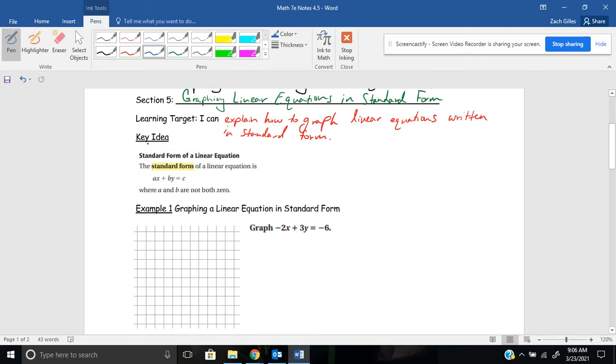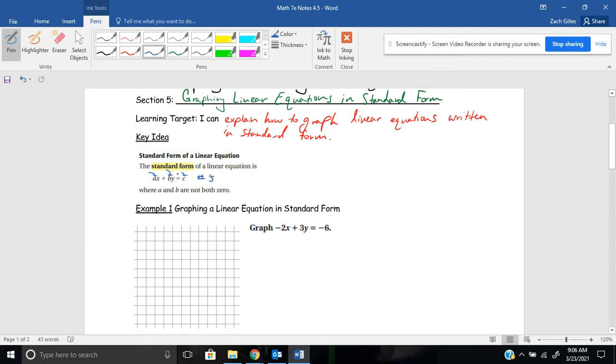Here in our key idea today it says the standard form of a linear equation is ax plus by equals c, where a and b are both non-zero. That might look like a lot of letters, but what I can tell you is most of the time, well, all the time actually, A and B and C will all be different numbers.